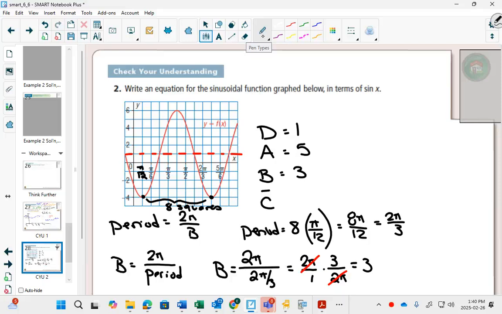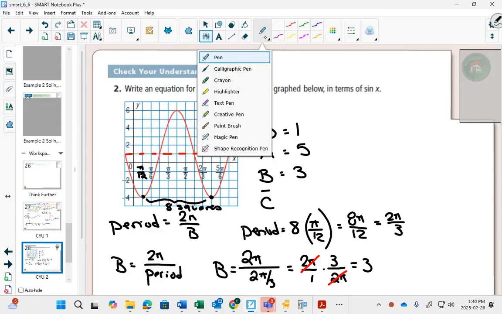Okay? Now, I figured out the B value using the formula. Sometimes this is really helpful. Can you see a shortcut that you could have said it was 3 earlier without doing all of this work? Norman, what do you see? Well, you reduce the 8 pi over 12. It's 2 pi over 3.